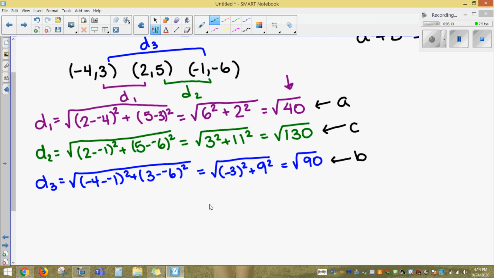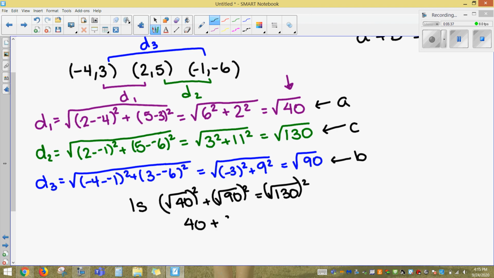So the question that we need to ask ourselves is: is it true or false to say A squared plus B squared equals C squared? From the things that we've been doing, we know that squaring the square root just gives us the stuff underneath.